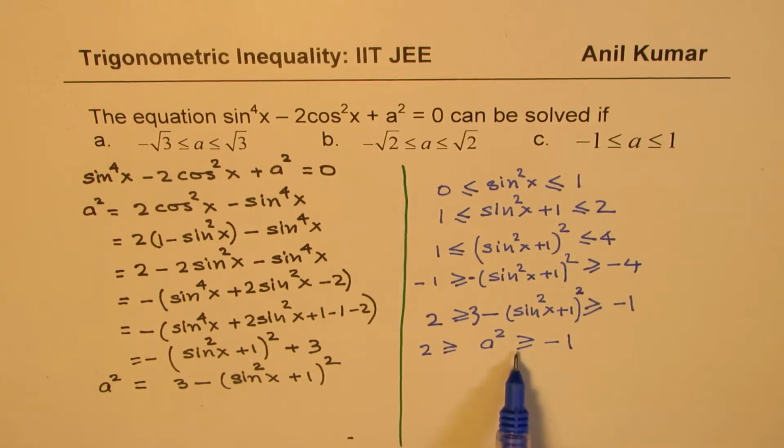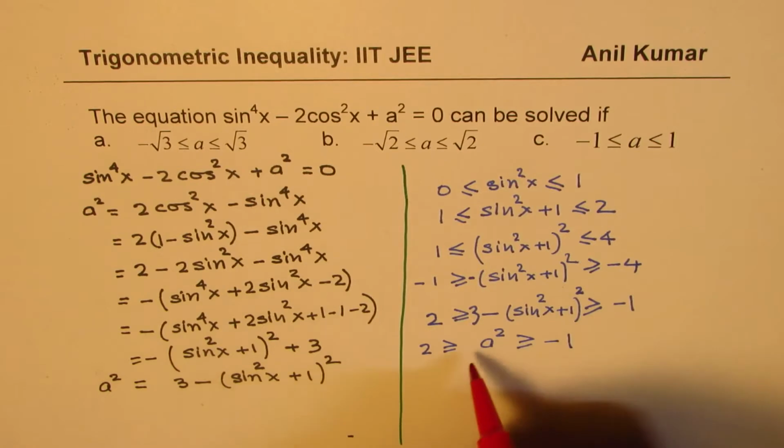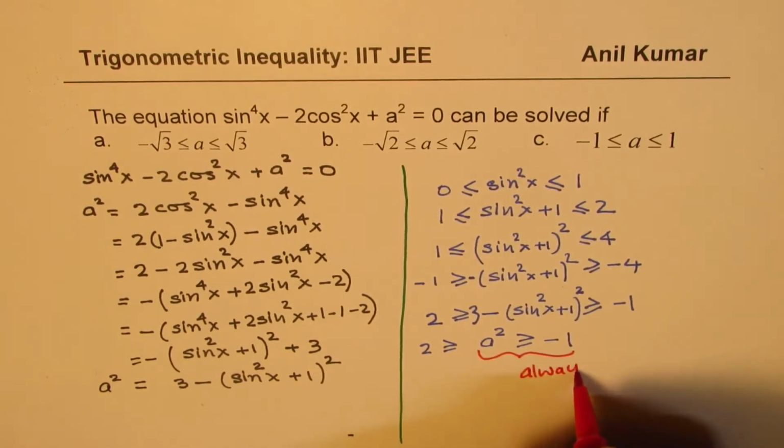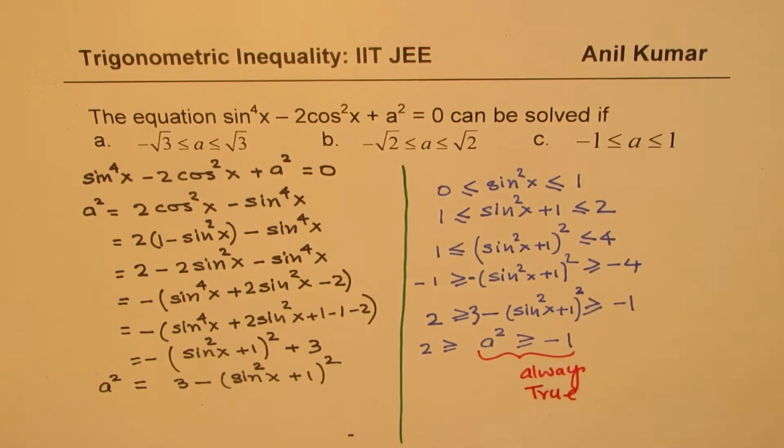So we could just disregard this portion. We can say it is less than or equal to 2, right? That is more important to us, because a square cannot be negative. It could be treated as 0. So this part is always true.